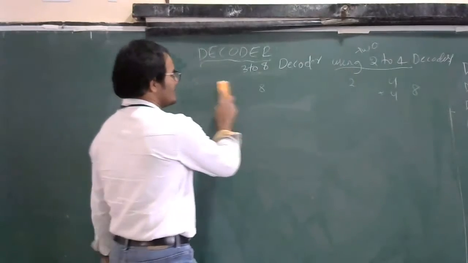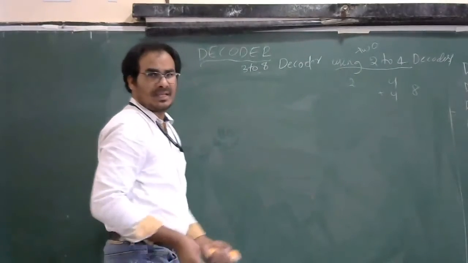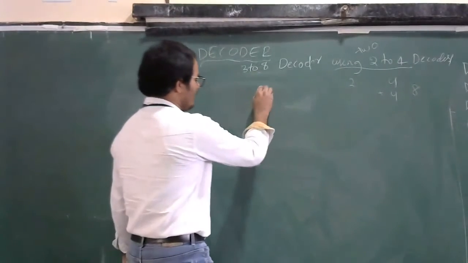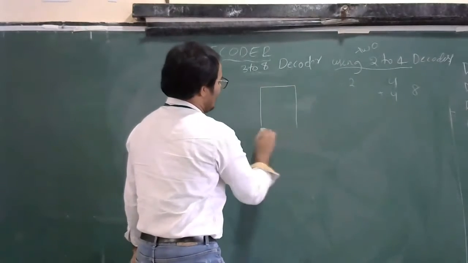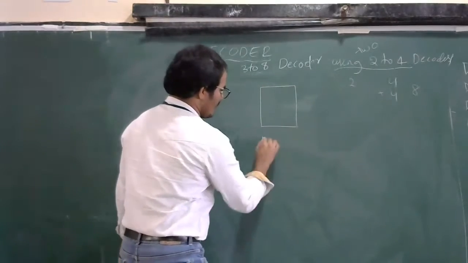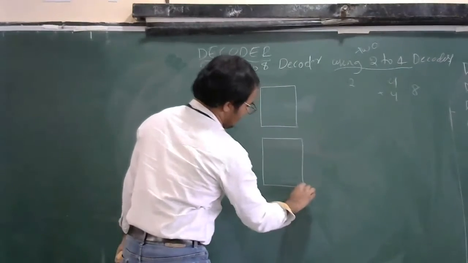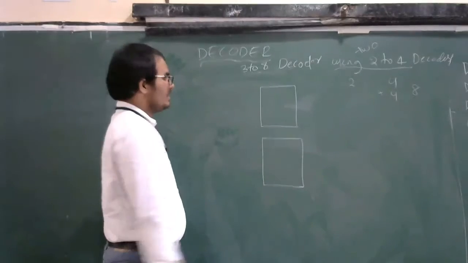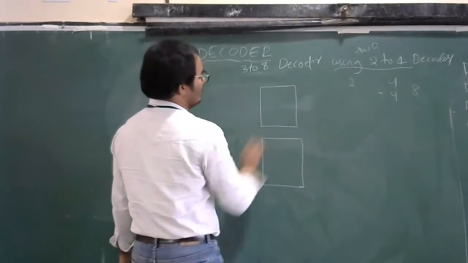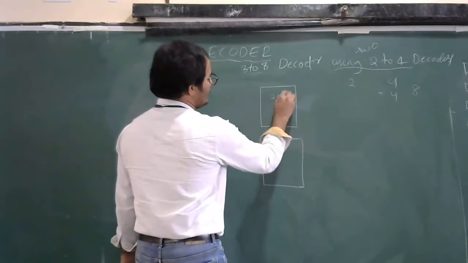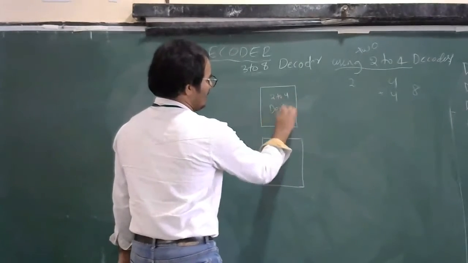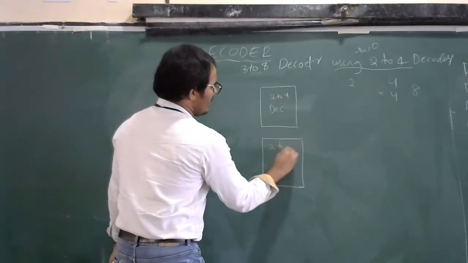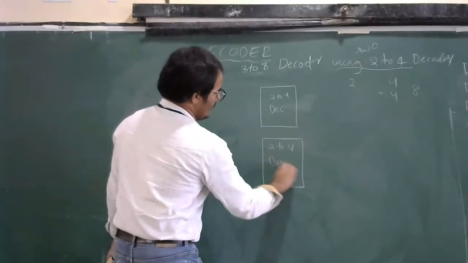Let us use the simple logic of what is called the enable input. So this is a 2 to 4 decoder, and this is also a 2 to 4 decoder.